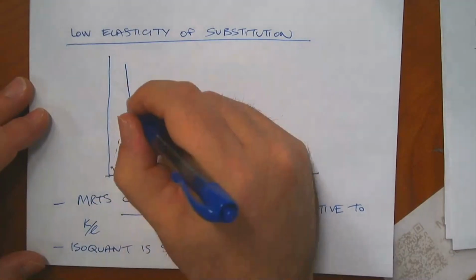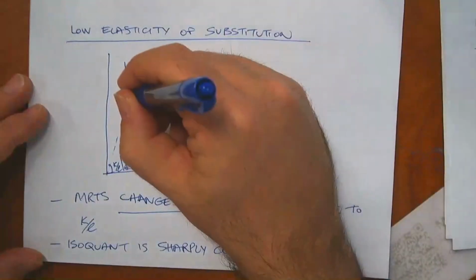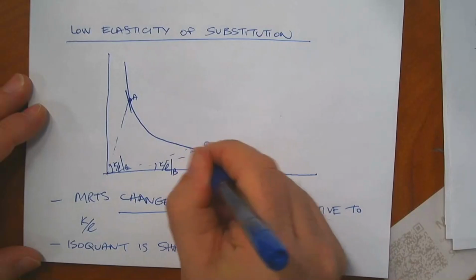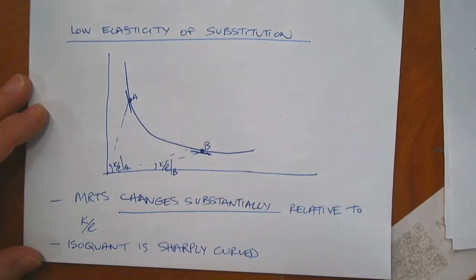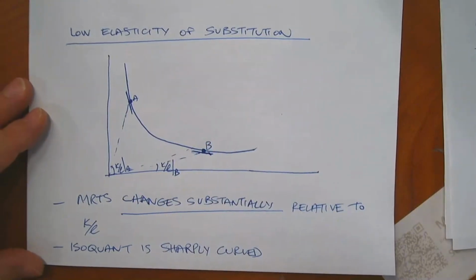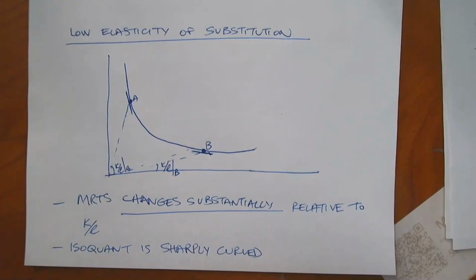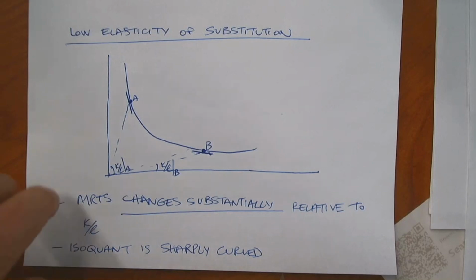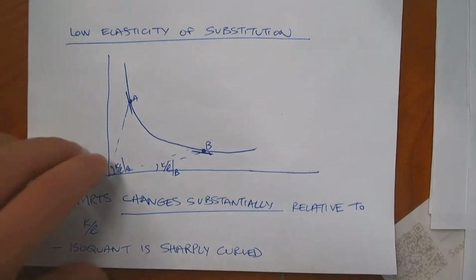Look at point A, very, very high. Look at the slope at B, relatively flat, right? So the MRTS has changed substantially relative to the capital to labor ratio in this particular example. Okay, graph paper helps with all of these.